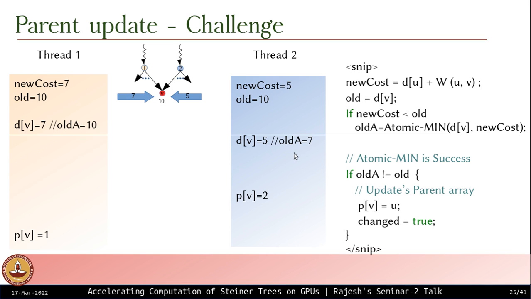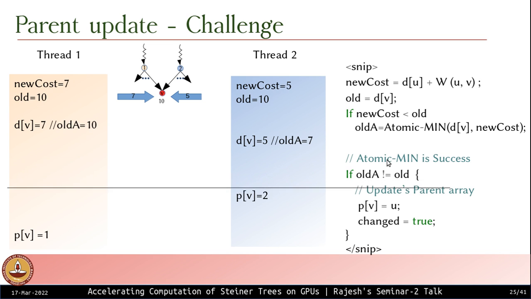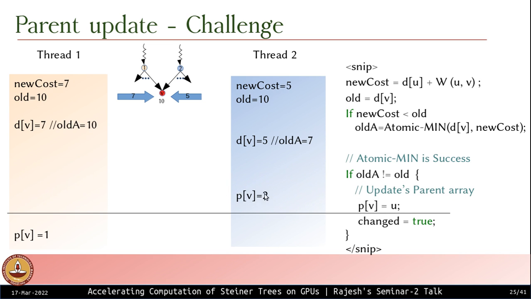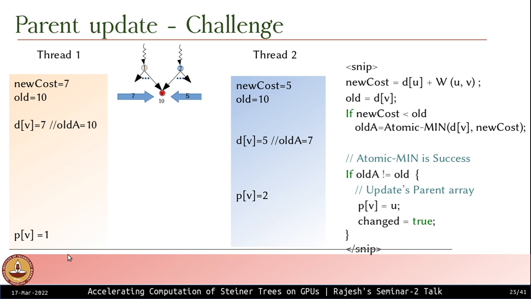So let's say thread 2 executes this, and again it updates the previous distance value from 7 to 5, right. Notice that in both these cases the atomic min was a success. Let's say thread 2 gets to update the parent value first, which is the actual parent value we wanted, but then when thread 1 executes the same statement, we get inconsistent parent information for v.